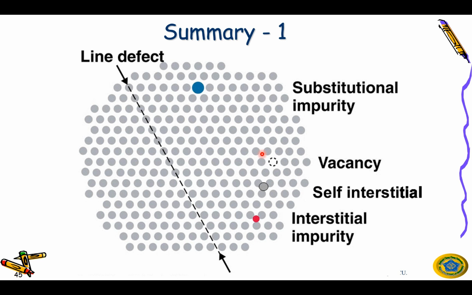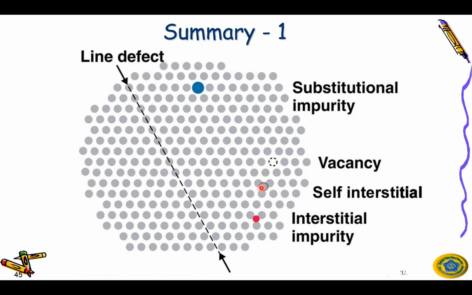Right. So we finish the first part of imperfection, which is zero-dimension imperfection. There are 4 topics. First one is vacancy.